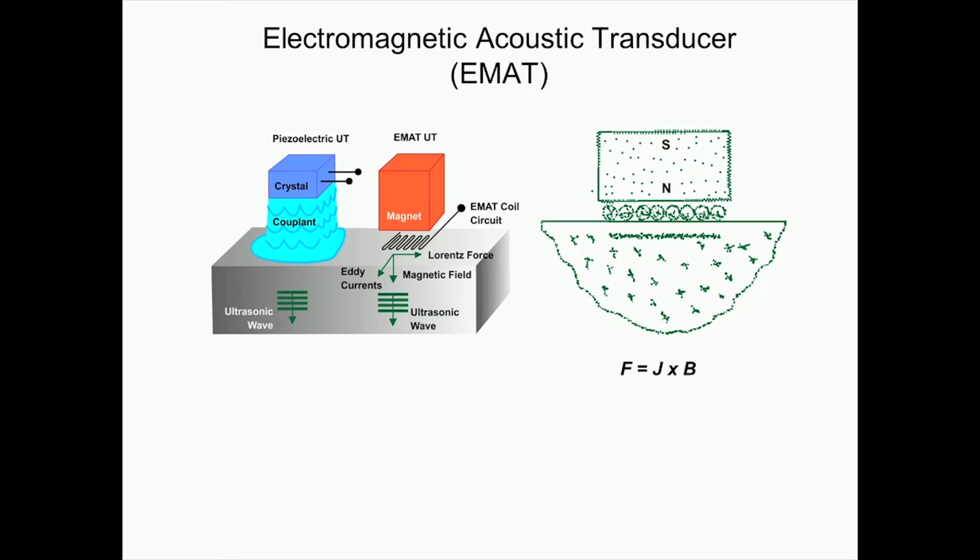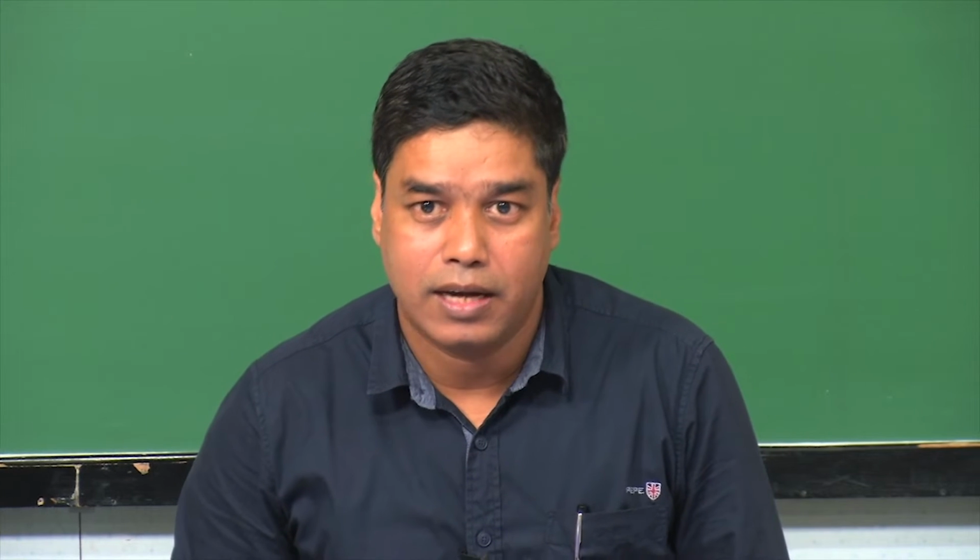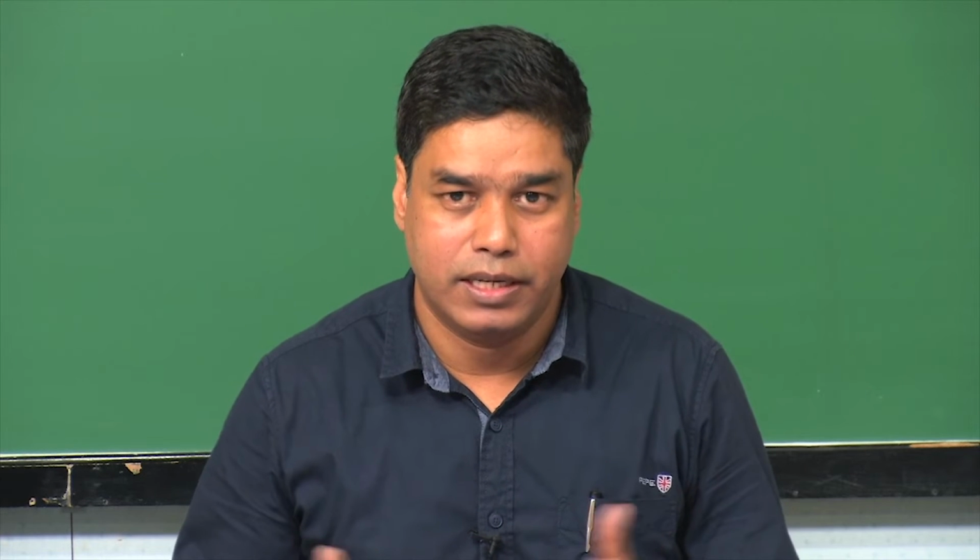If you remember, in the previous topic we had discussed electromagnetic induction, where we saw that if you have a conductor carrying an alternating current, it will have an alternating or changing magnetic field around it.